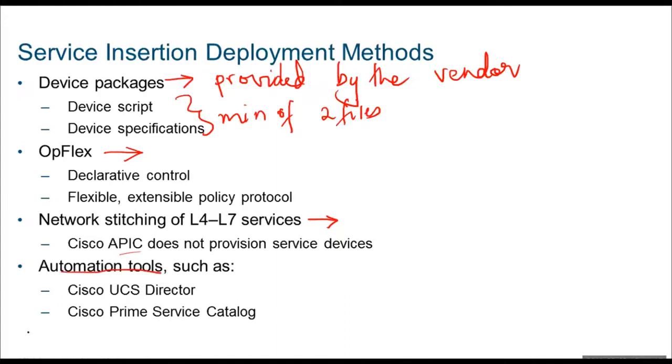You could use a top-level orchestrator. Notice they've not mentioned the hybrid mode here. This is using an orchestrator like UCS Director or Prime Service Catalog, or as I mentioned, it could be OpenStack or probably even VMware vRealize.